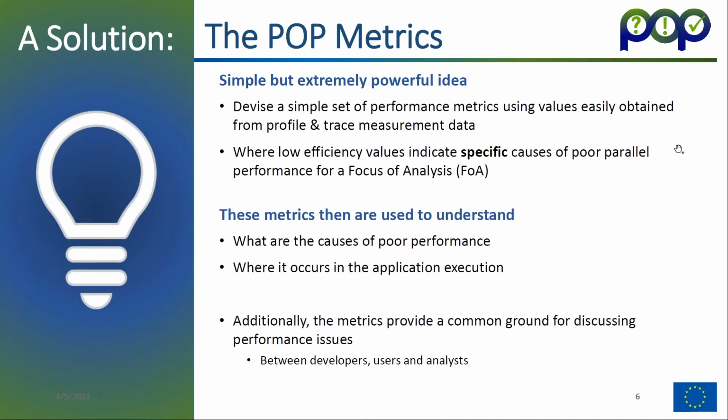So by collecting some fundamental measurements, we can then determine these fundamental efficiency values, these efficiency factors that help us characterize execution performance and identify what are the specific causes of poor execution behavior. They help us identify the causes of poor performance, and by refining where they're applied, we can then figure out whether they're happening in certain parts of the application execution or subsets of the processes or threads are affected. So they're a very powerful set of metrics that we can apply, certainly as a starting point, but also as we continue the measurement process.